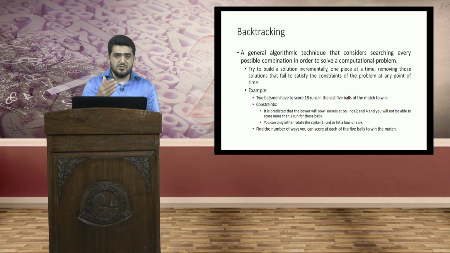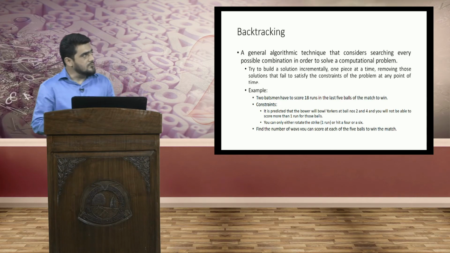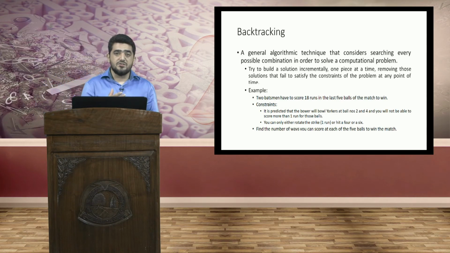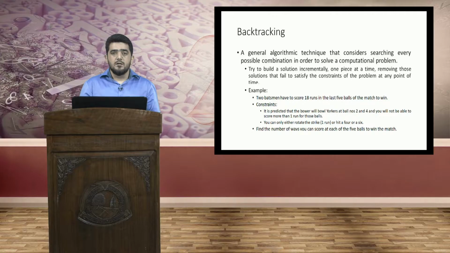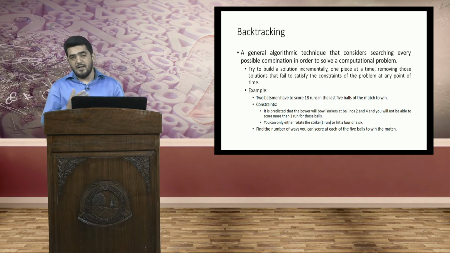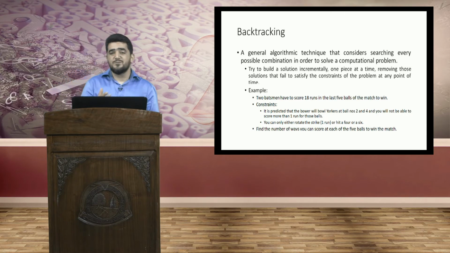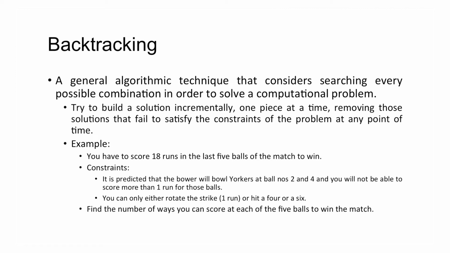One of the constraints, as you can see on the slide, is that it is predicted that the bowler will bowl balls number 2 and 4 as Yorkers. Depending upon the analysis performed on the bowler, it's expected that he will bowl ball number 2 and ball number 4 as Yorkers, and the batsman will not be able to score more than 1 run on those 2 balls.